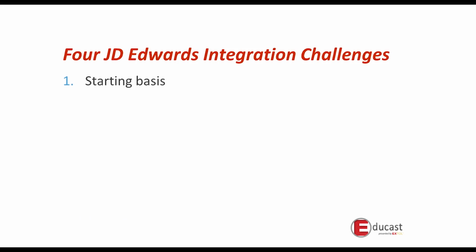And having the right kind of pre-built parts can make the job far easier and faster, and also reduce errors. The second challenge is designing for reuse. And when it comes time to onboarding a new trading partner, you'll want to make use of integration assets from previous onboarding efforts rather than creating new integrations from the ground up. And that requires thinking about reuse in advance and taking advantage of platform features that make reuse easier.